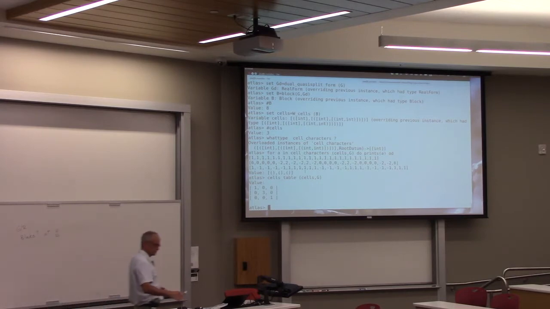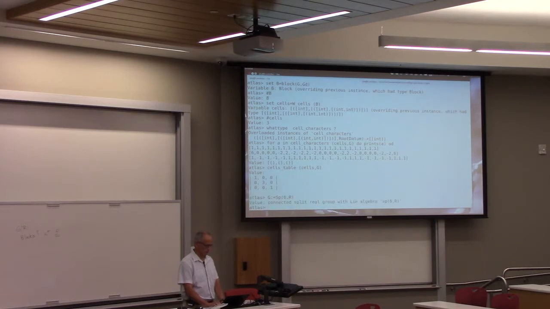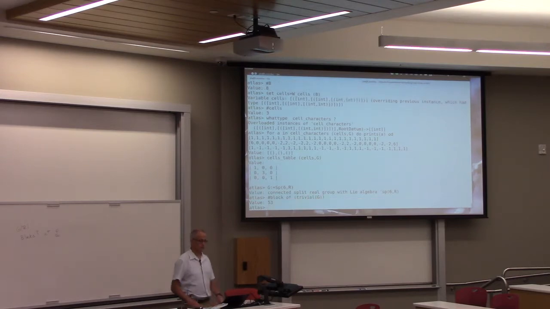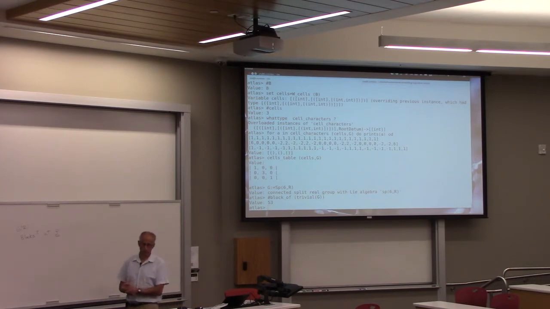Let's just do an example. Let's set G equal to Sp(6,R), and let's do the block of the trivial of G. This has 53 representations in the block of the trivial representation.